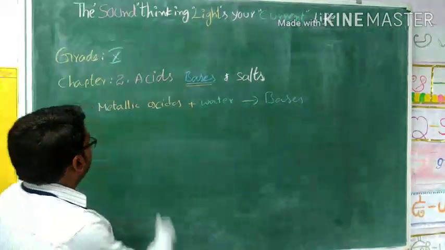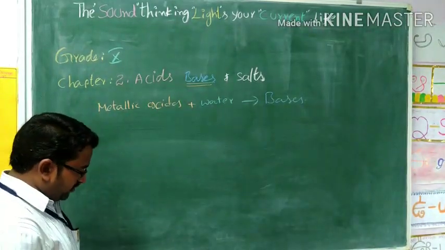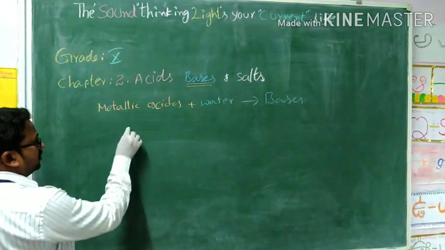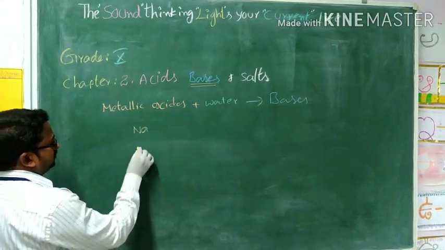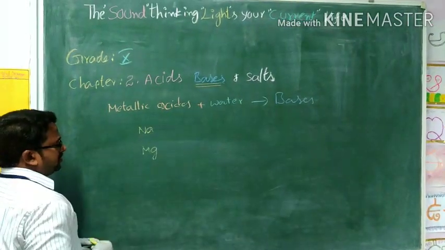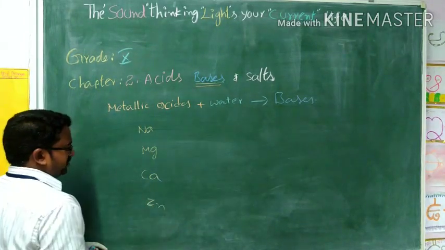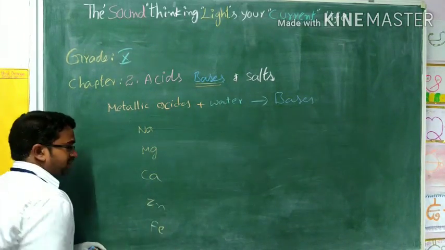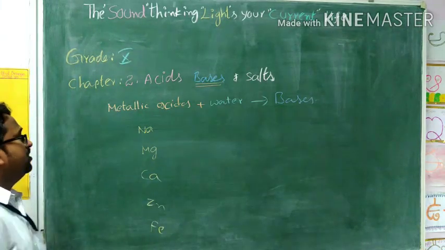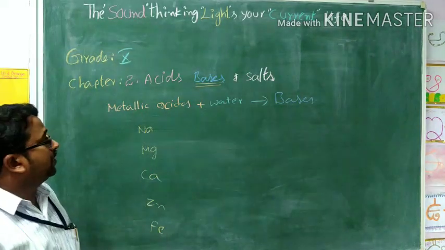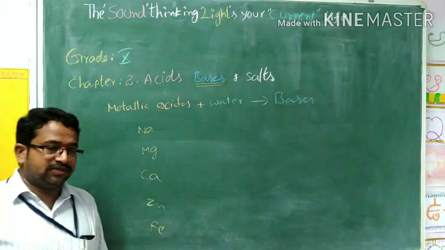You know about the metals. Sodium is a metal. Magnesium is a metal. Calcium is a metal. Of course, zinc, iron, all these are metals. But what is the requirement? Metallic oxides.